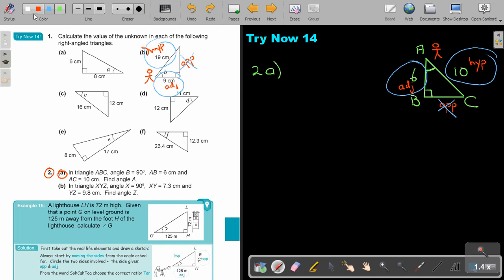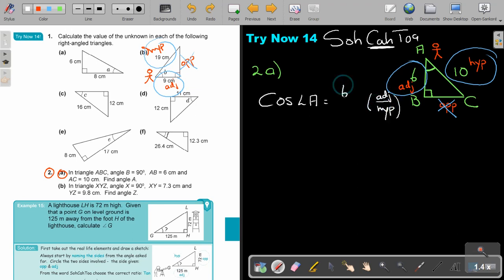So in this case, again, my word SohCahToa. Adjacent and hypotenuse, it's going to be cos. So I'm going to say cos of angle A is adjacent over hypotenuse. So adjacent is 6, hypotenuse is 10.